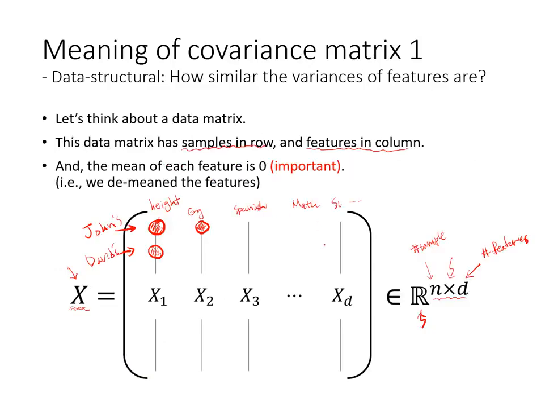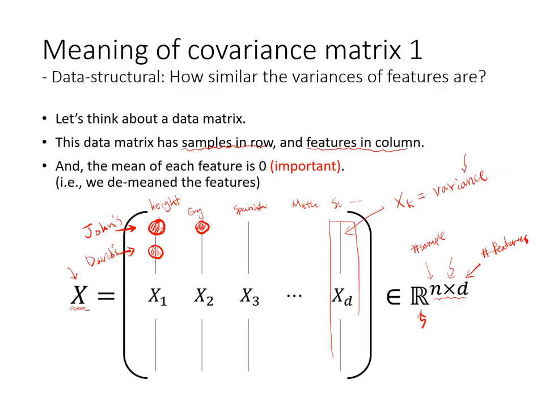I just said that we have to subtract the mean for each vector. So the X itself means how much the features vary in terms of the average value.